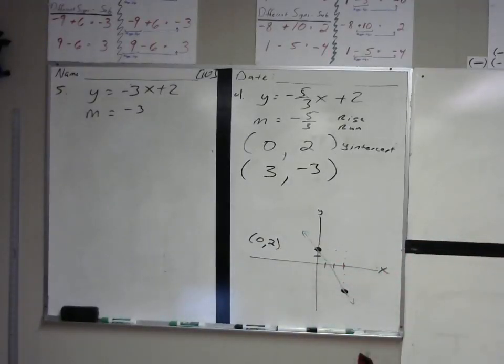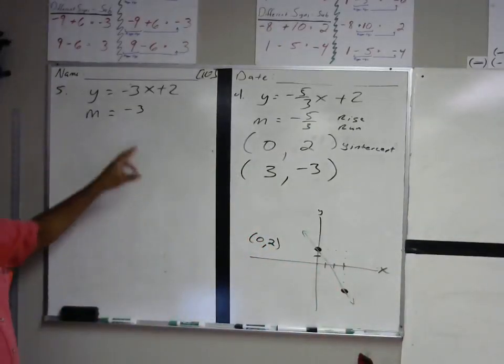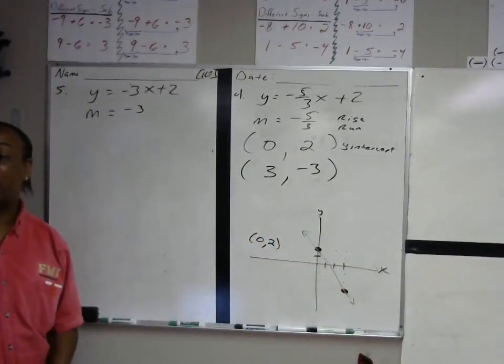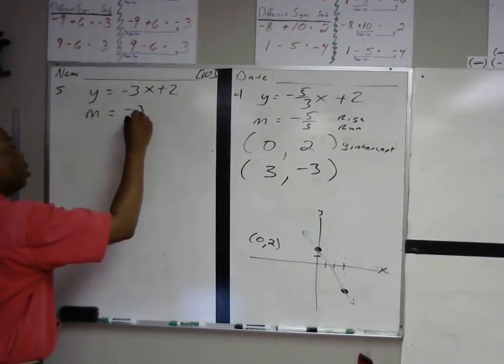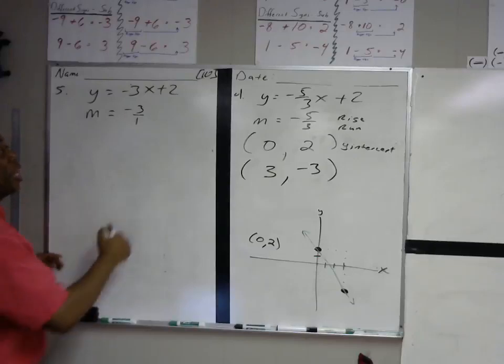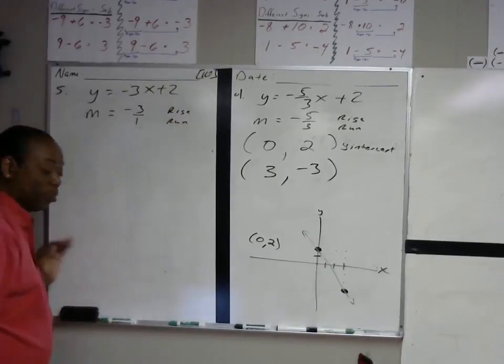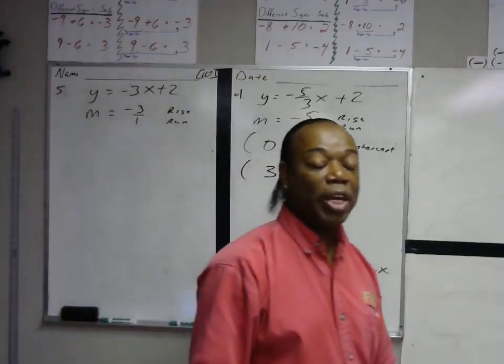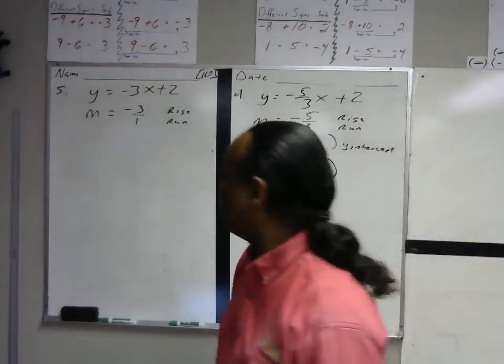But every single number is over 1. This little integer is over 1, so that's where we get our run from. So class, put a little 1 under there, and now you have your rise and your run.